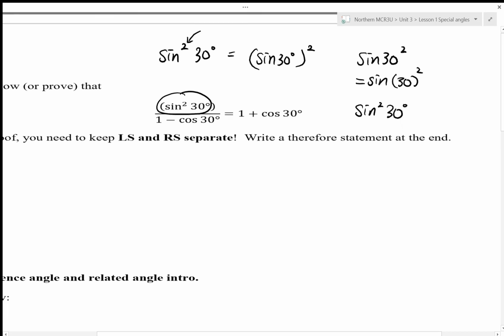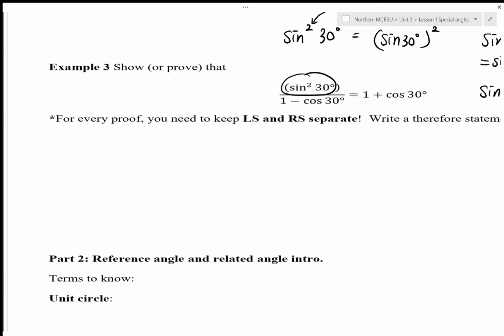Okay. So having said that, we know sine 30 degrees from the triangles. The triangle for the 30 degrees, we have 30 degrees and then 60 degrees. We know that this was 2, this was 1, this was square root of 3. So sine 30 degrees is 1 over 2. So the top will be 1 over 2 squared.